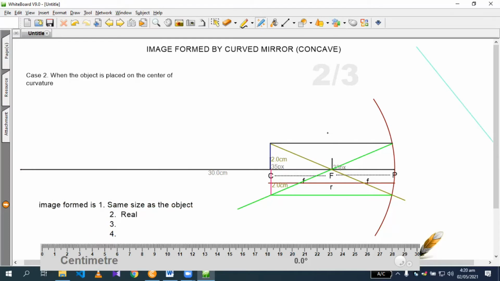You have this ray coming like this, hitting the mirror, then coming back here to form. You have another ray coming straight here, hitting the mirror, coming backward here to form. It is the actual rays of light that were incident on the mirror that came to form the image. So that shows that it is real. Then what is the next thing that we can say about this?